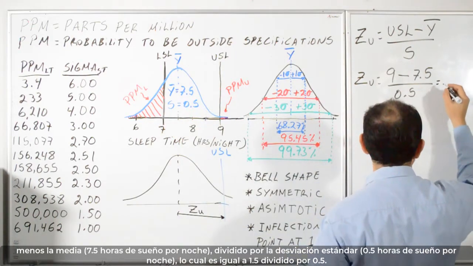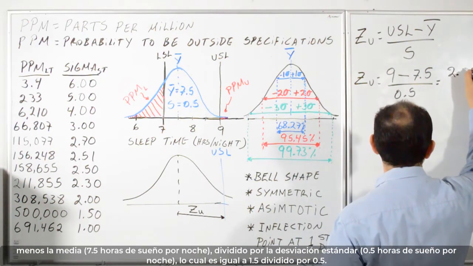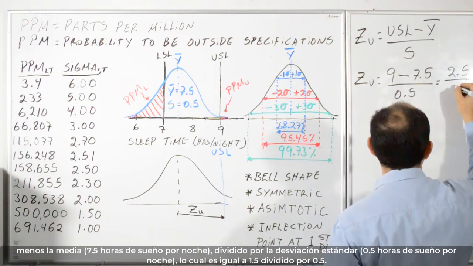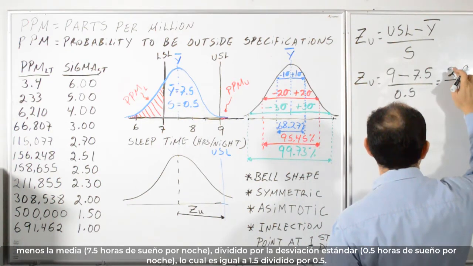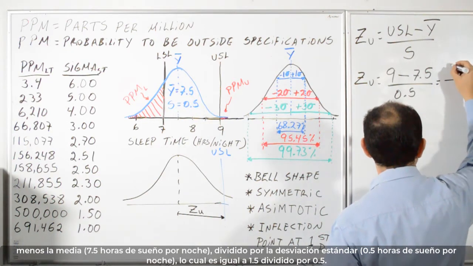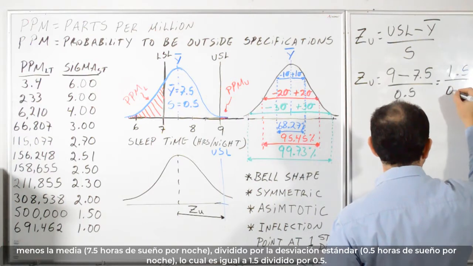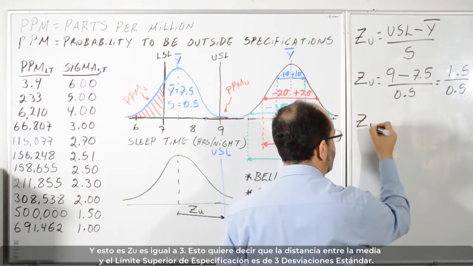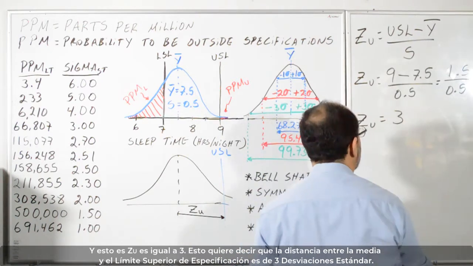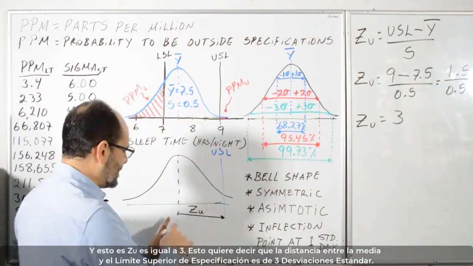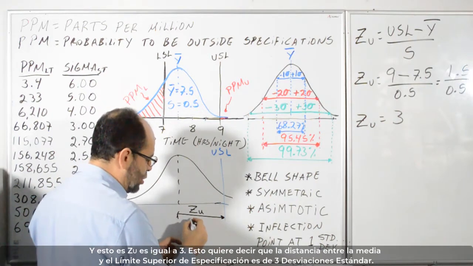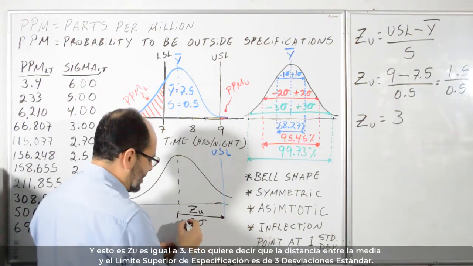That is 1.5 divided by 0.5, and that is a Z upper equal to 3. That means that the distance between the mean and the upper specification limit is equal to 3 standard deviations.